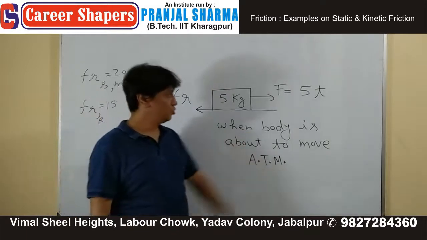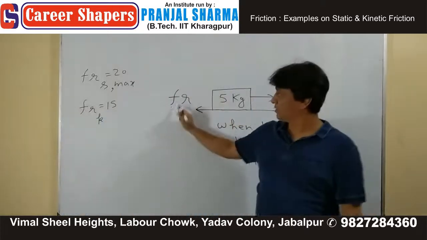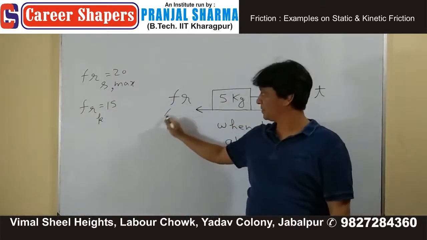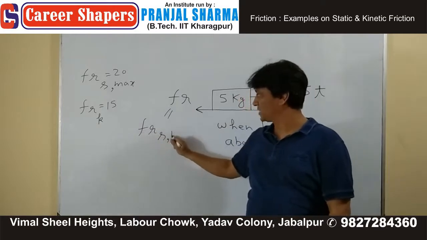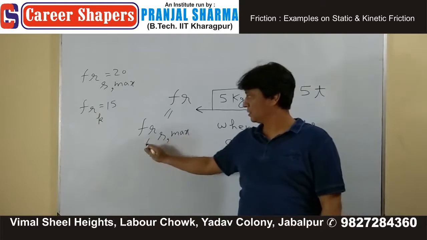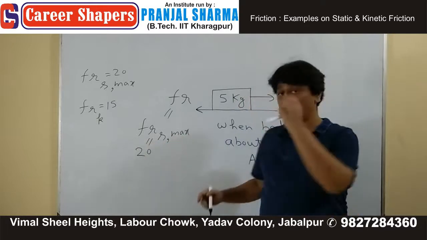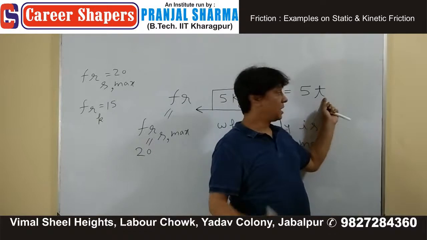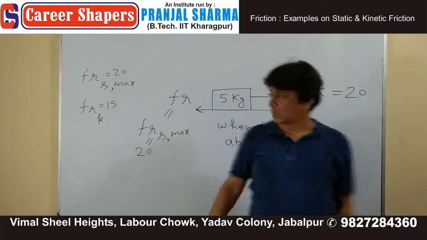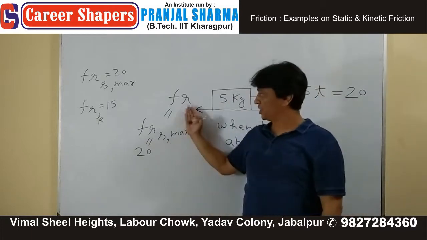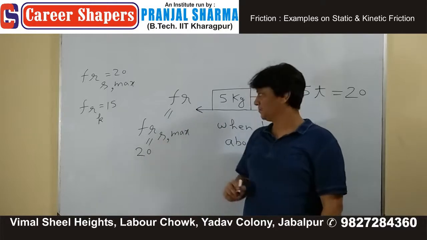When body is about to move means at that moment this Fr has reached maximum value of static friction. थोड़ी देर पहले हमने किया है कि जब हमारा पुलिंग फोर्स कहां पहुंच गया था 20 पर, तब फ्रिक्शन कहां पहुंच गया था अपने मैक्सिमम पर, स्टैटिक का मैक्सिमम विच इज 20.